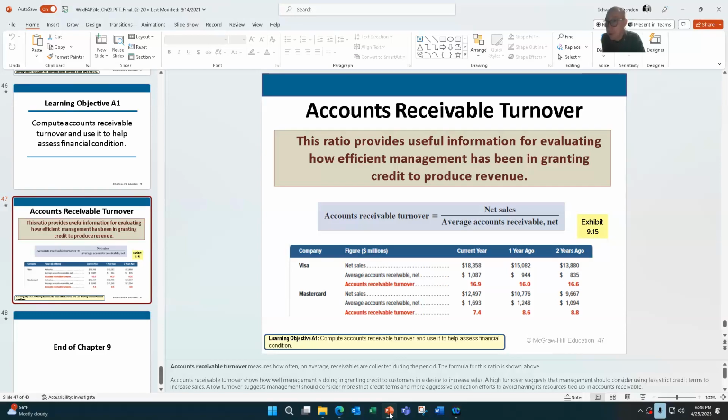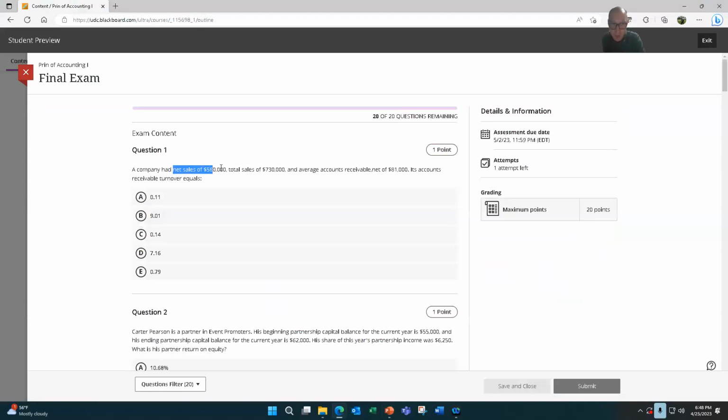So this is a very easy question. I take my net sales amount, $580,000, and divide that by average accounts receivable, $81,000. So 580 divided by 81. And then just select your response. Question 1 comes from chapter 9.